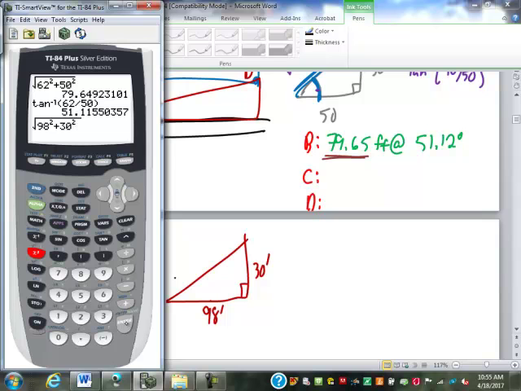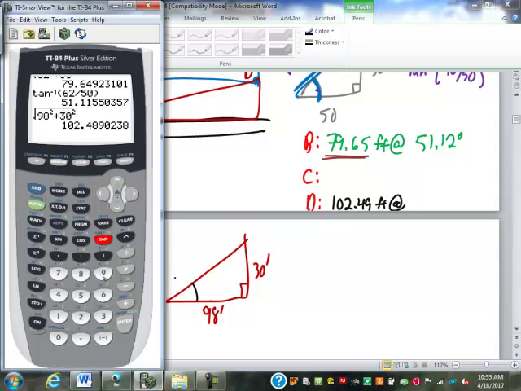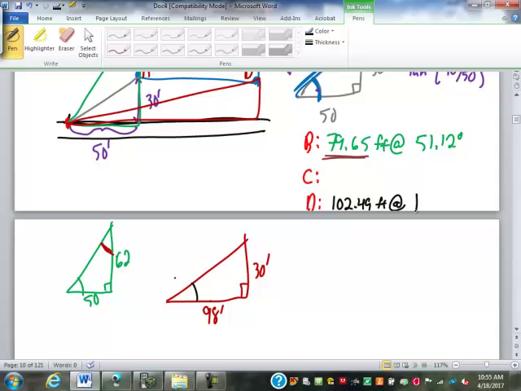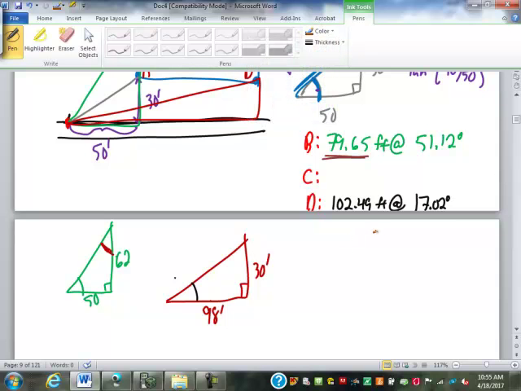I'm doing point D. So that's 102.49 feet at the inverse tangent of 30 over 98, .02 degrees. How many of you had that for D? Yeah. Cool. Learn something from it.